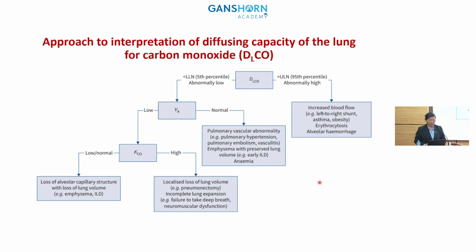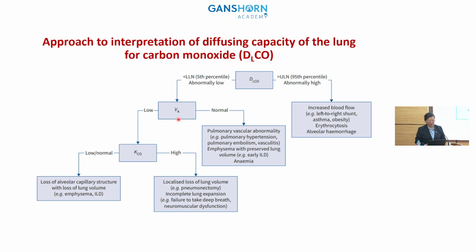And I think that we should have a copy of this interpretation of the DLCO because it is rather complex to remember. We have to define whether the DLCO is low or high, and remember that if it is low, we always have to pay attention to the alveolar ventilation.